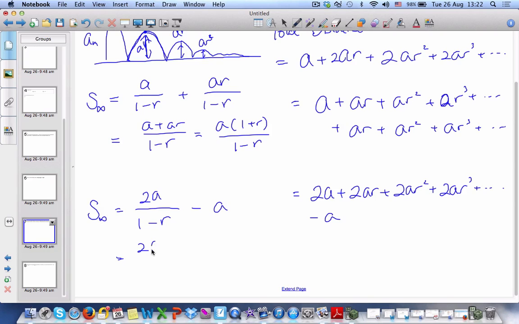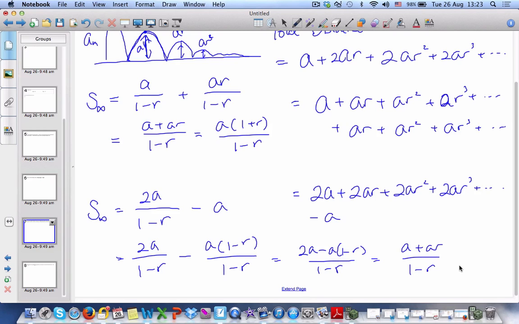Okay, so 2A over 1 minus R minus A times 1 minus R over 1 minus R, and you get 1 minus R in the denominator, 2A minus A times 1 minus R, A plus AR over 1 minus R, which is the same thing that we got earlier. There. So either way, whichever way you want to look at it, you will get the same answer for the expression in terms of A and R.